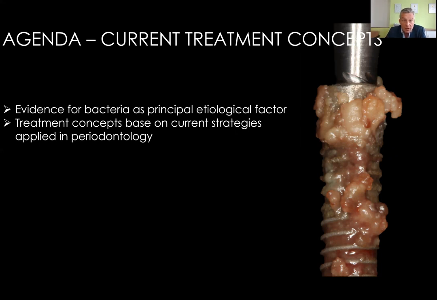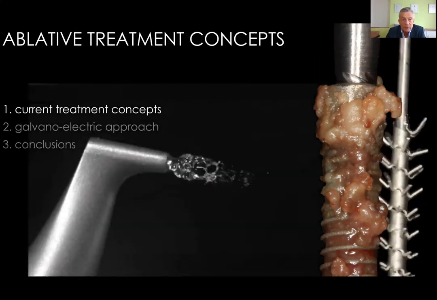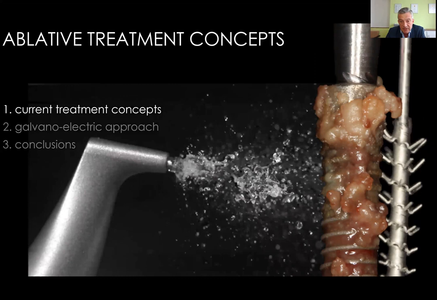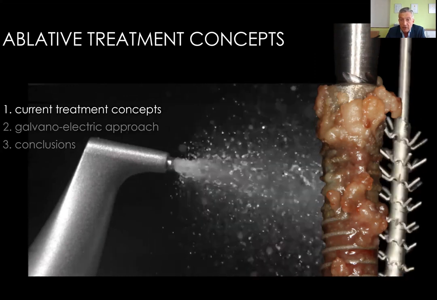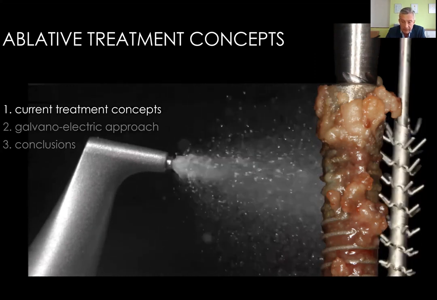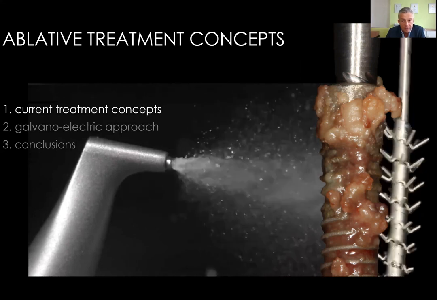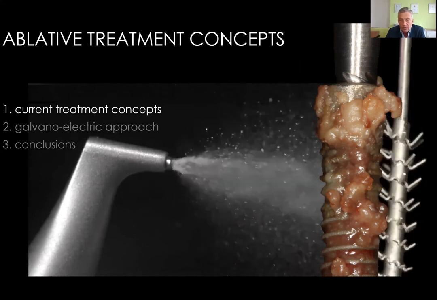And all the treatment concepts which are used currently are based on the treatment strategies we are used to using in periodontology. So we use devices which remove the biofilm in an ablative manner. We use air powder spray, we use polishing cups, we use curettes, we use titanium brushes.